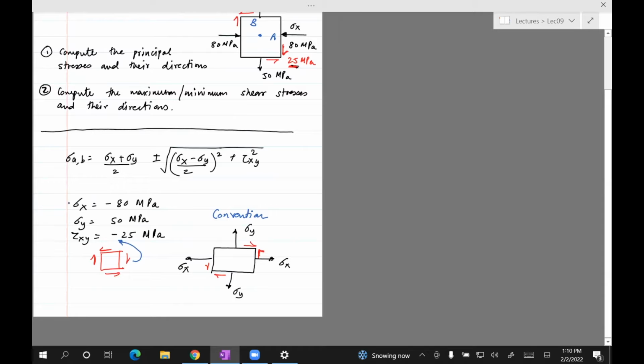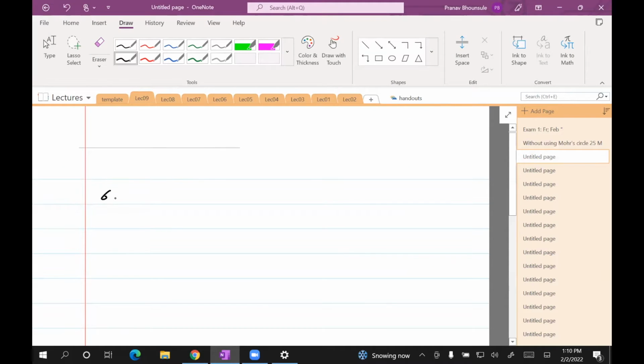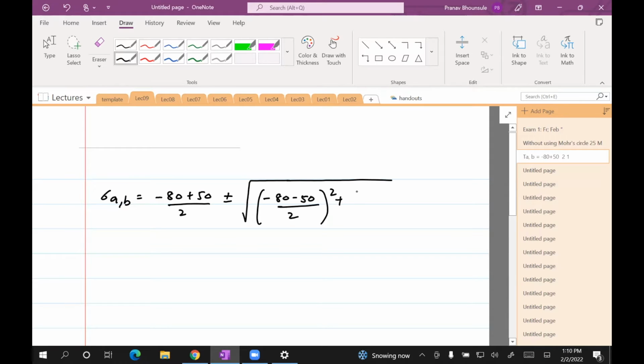So now we can sub these values inside this formula, and essentially it's plug and chug. So if you sub in the values, you get sigma A B equals (minus 80 plus 50) divided by 2 plus or minus square root of ((minus 80 minus 50) divided by 2) squared plus minus 25 squared.